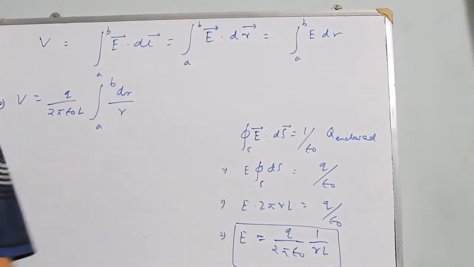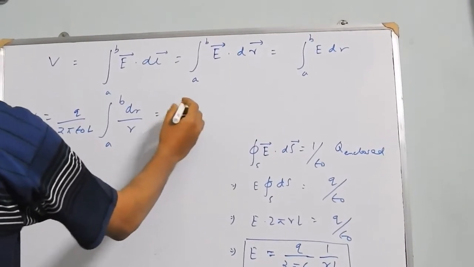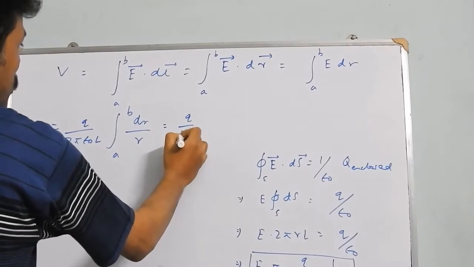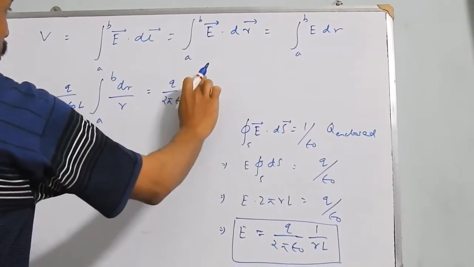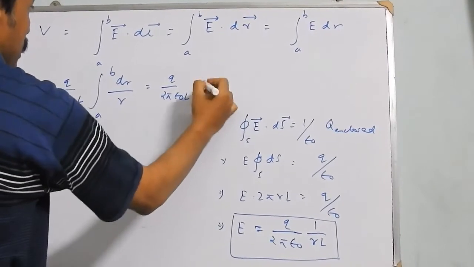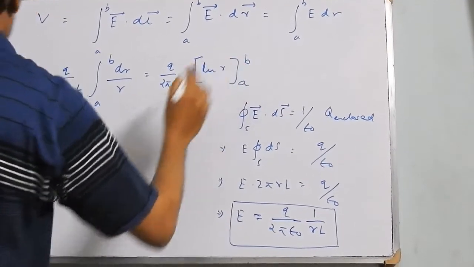The integral of dr by r is ln r. So this is q by 2 pi epsilon 0 L, ln r integrated from a to b.